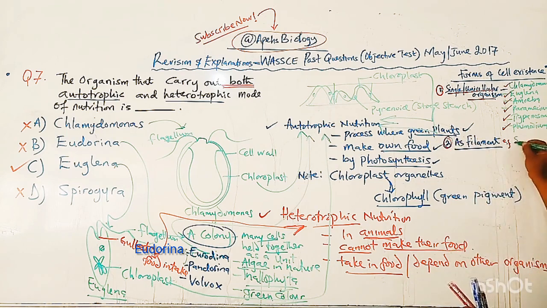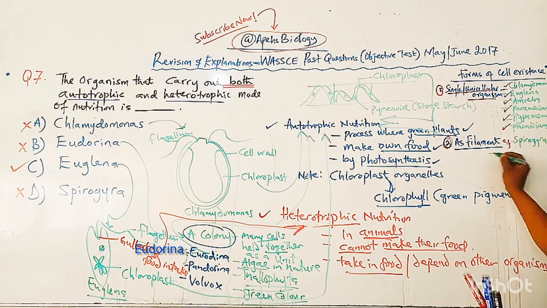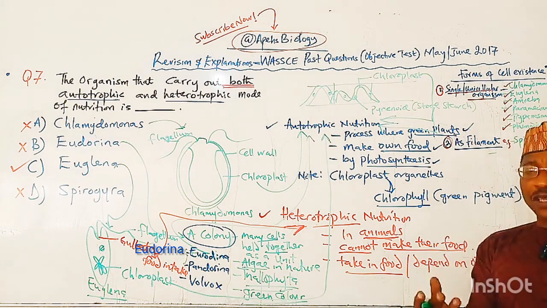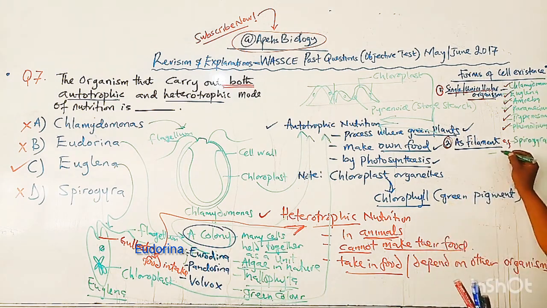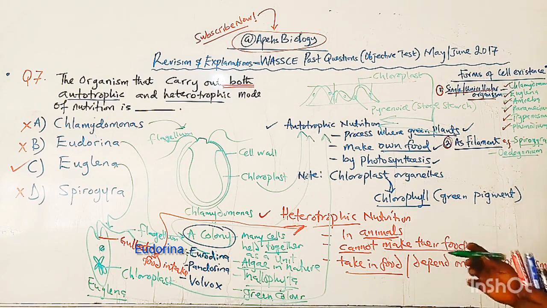So write Spirogyra as a filamentous organism. Another filament that you can think of apart from Spirogyra, in case it is brought out in exam, is called Oidogonium. Oidogonium are filamentous organisms. They are algae that live in water and they do carry out autotrophic nutrition.